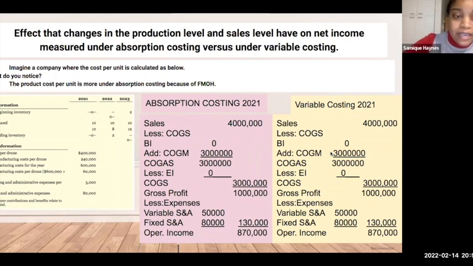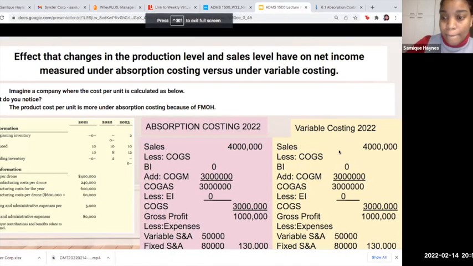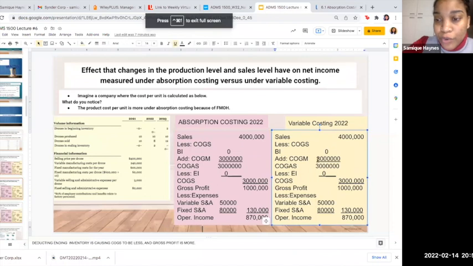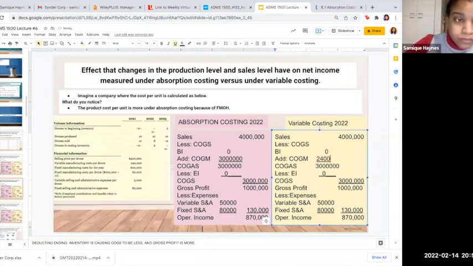$240,000 times 10 only, okay? So then our total cost of goods manufactured is 2,400,000, correct? Everybody agrees with this change? Yes? Good.